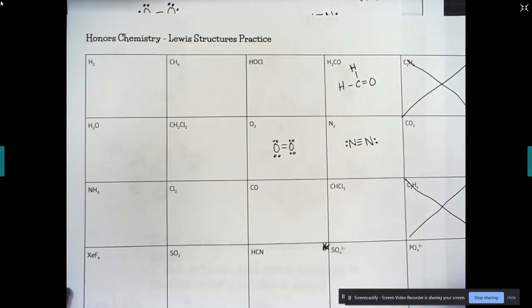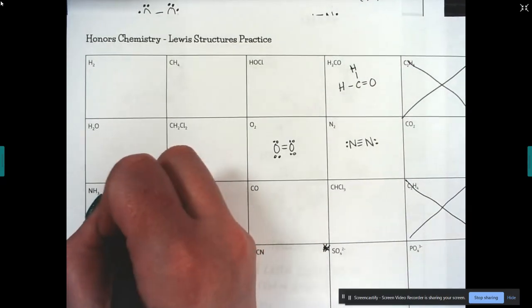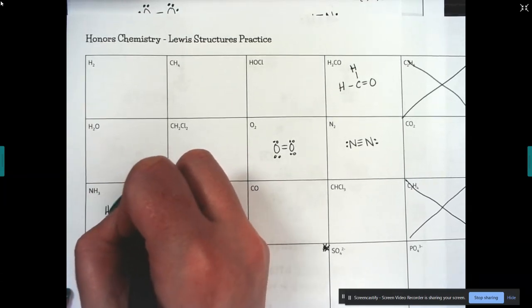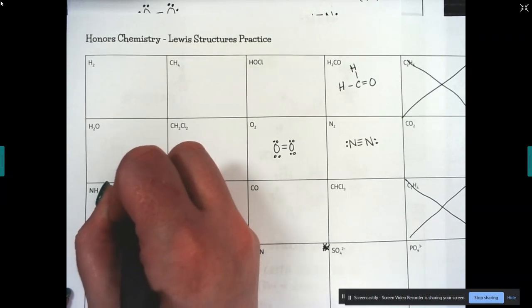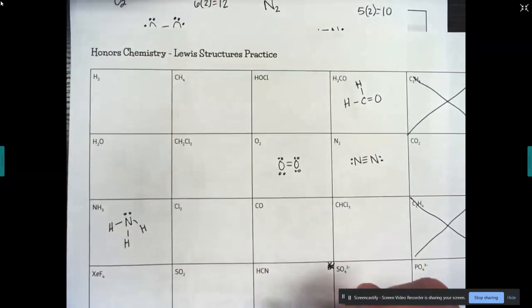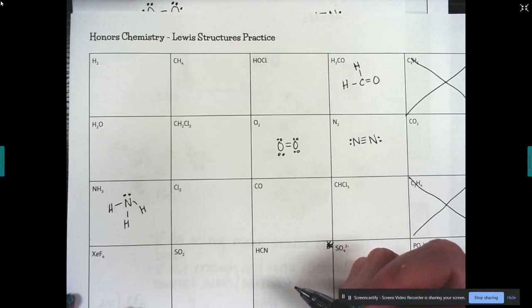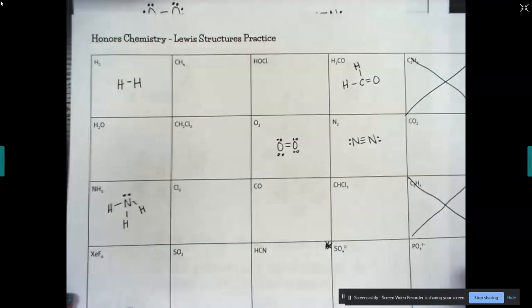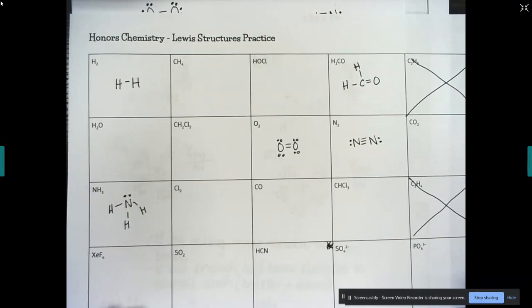Let's see, what other ones did we do? We did the NH3. So here's the answer to the first one. That's it.